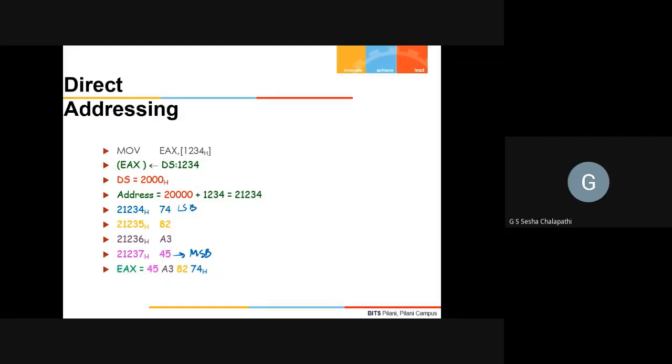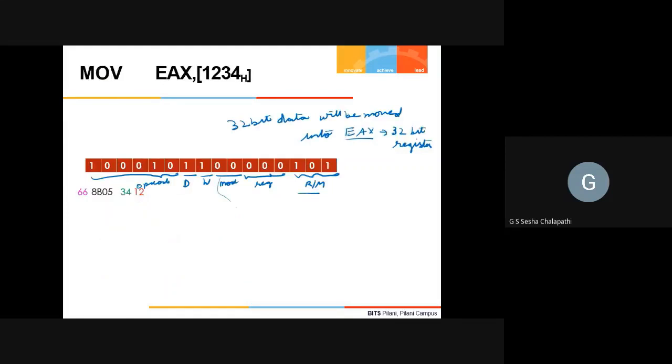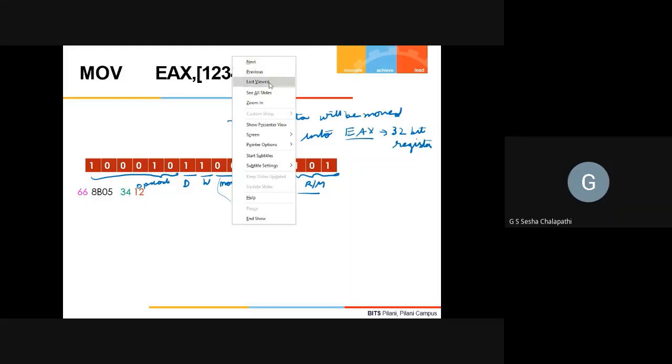Now let us see how it will be converted into machine code. We have already determined the D bit, W bit, opcode and reg. Now we have to look at how we will determine the mod and R/M field. So go back to the address template.